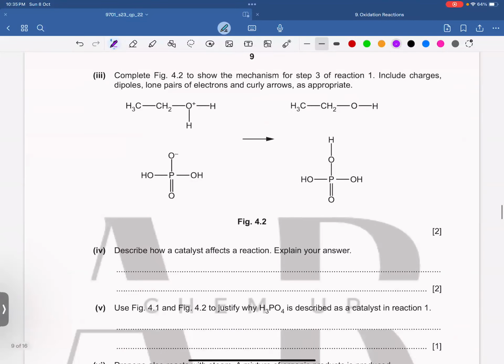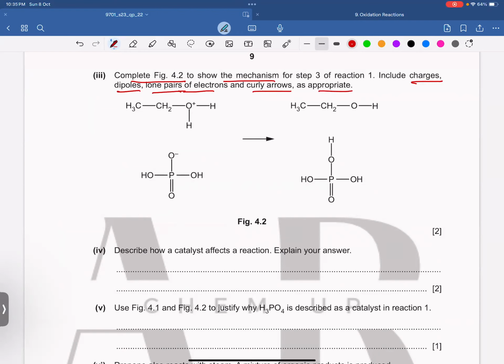Yes, sir. Now, in the third part, what they are saying is, complete figure 4.2 to show the mechanism for step 3 of reaction 1. Include charges, dipoles, lone pairs of electrons, and curly arrows as appropriate.